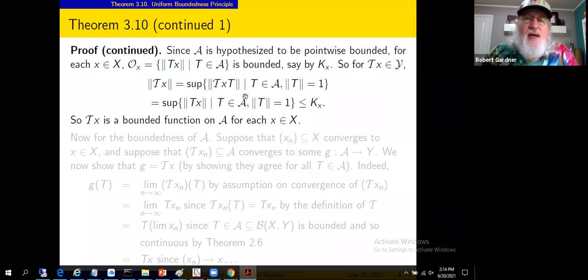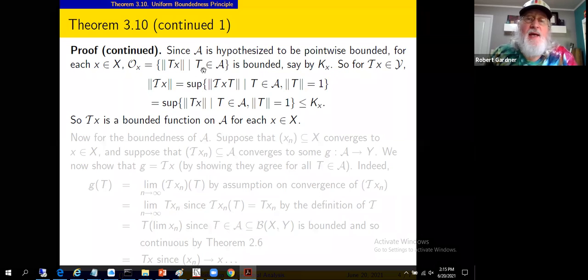But calligraphy T of x has this norm that is the supremum of the norm of regular old capital T of x. Remember, previous slide, calligraphy T of x acts on capital T to produce T of x. That was the very definition of calligraphy T of x. So we simply substituted in there, copied all this stuff down. That is roughly what we have up here.